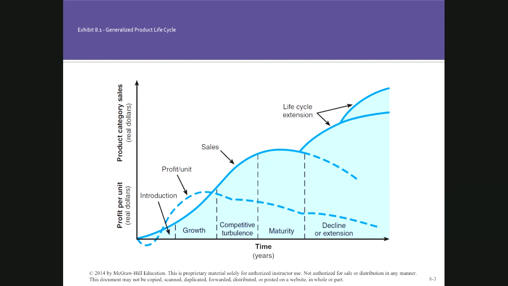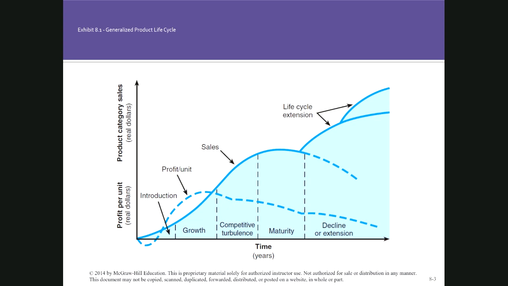Everybody's familiar with this from Principles of Marketing and probably every other marketing course that you ever took. These authors add in a stage they call competitive turbulence or a shakeout stage. But the classic product life cycle is introductory period, growth, maturity, and decline.